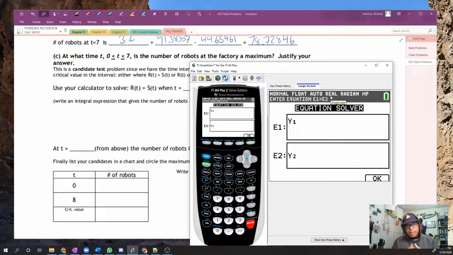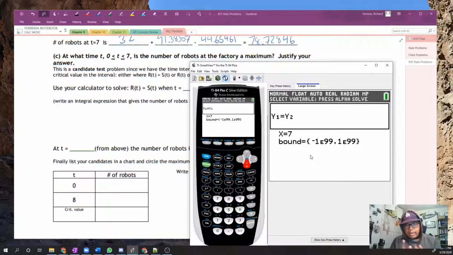So that basically means in this box we're going to put in the left-hand side of the equation, and in this box we're going to put the right-hand side of the equation. Since I have the left side, which would be R, already in Y1, and I have the right side, which is S, already in Y2, all I needed to put there was Y1 and Y2. You'll notice how typing those equations in Y equals saves you time here as well.